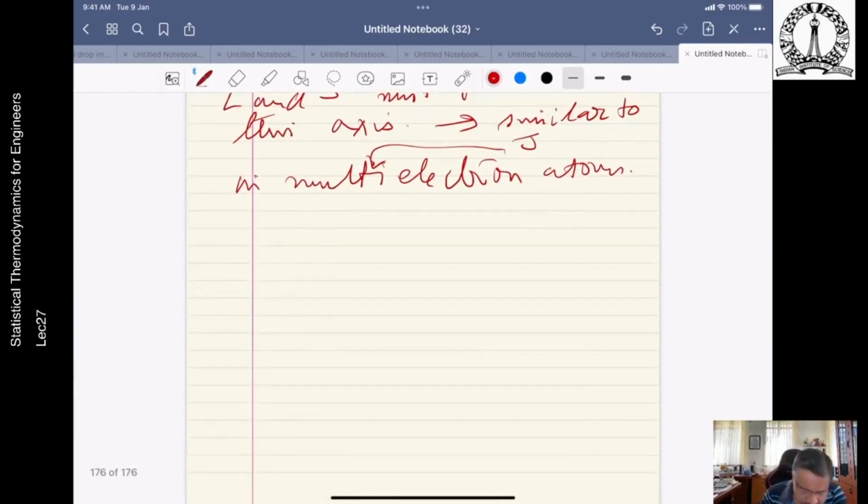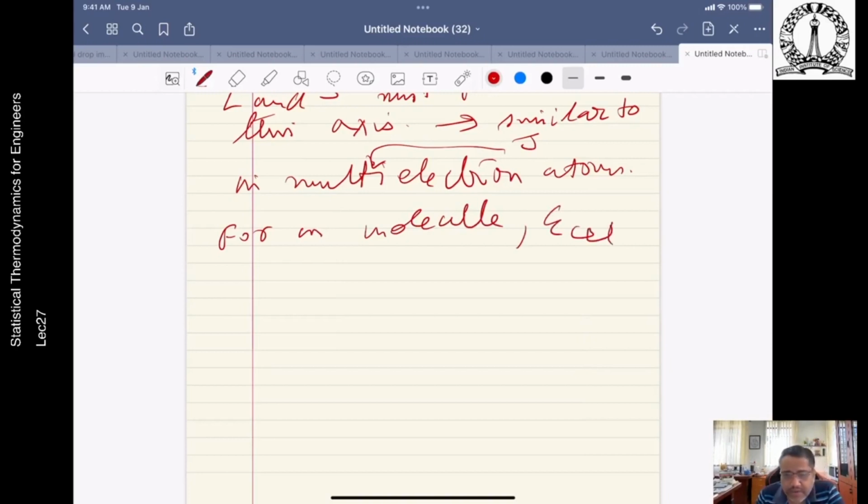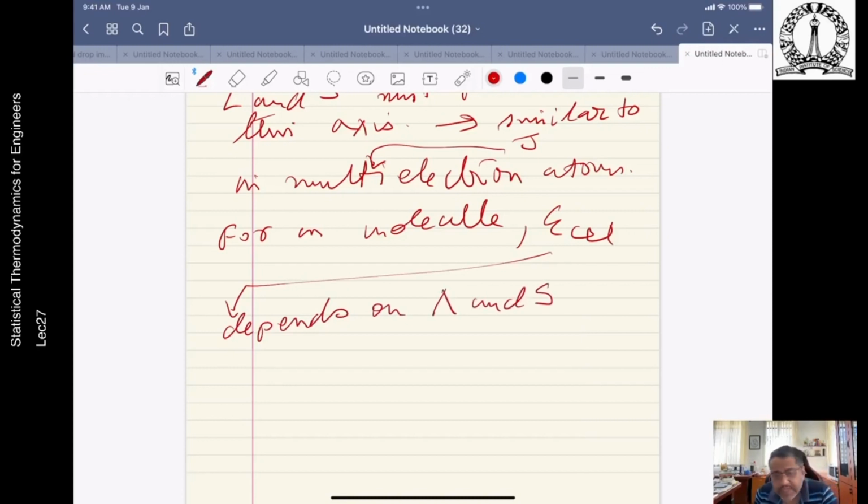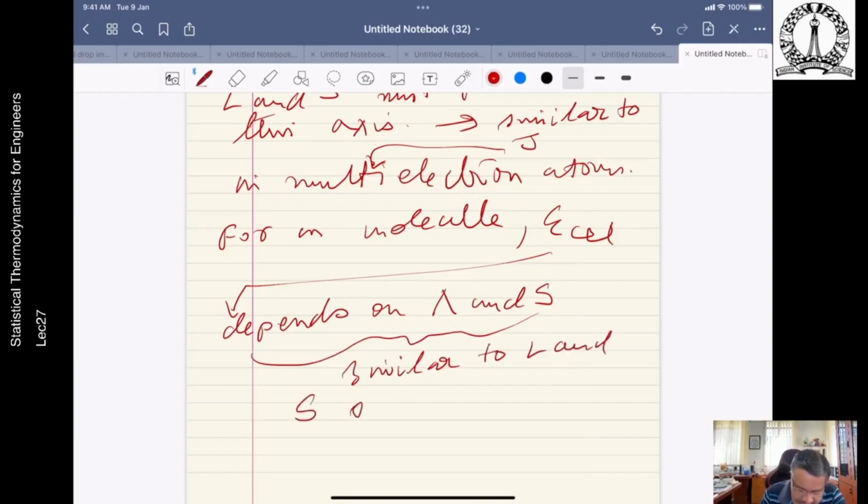So for a molecule, the electronic energy depends on these two quantum numbers. This is very similar to the dependence on L and S for an atom.